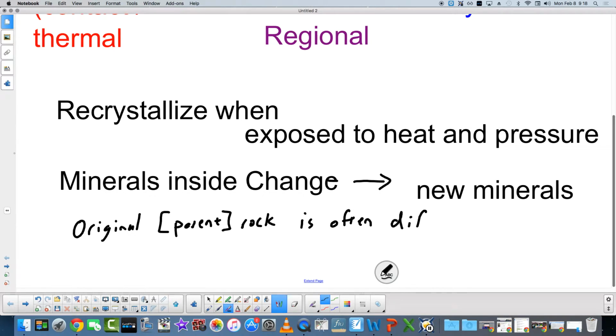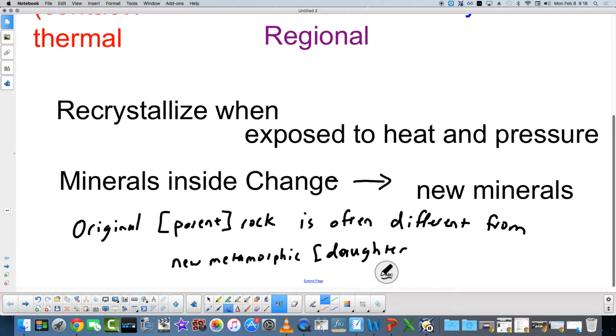Often looks different from new metamorphic, also known as daughter rock.